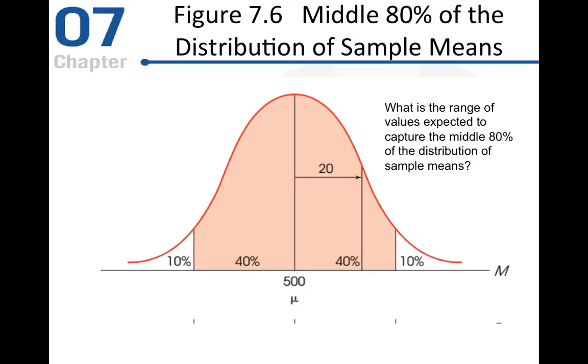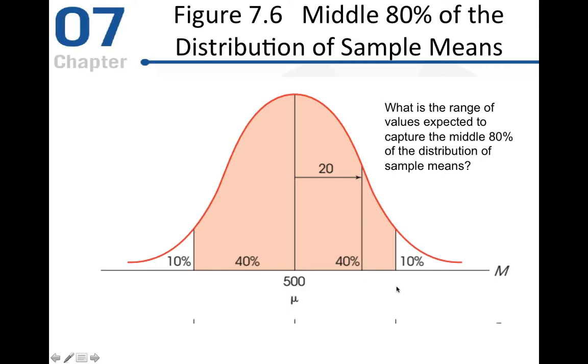So, going back to a similar problem that we did last week. What is the range of values expected to capture the middle 80% of the distribution of sample means? And so what we're interested in is what is this sample mean and what is this sample mean?